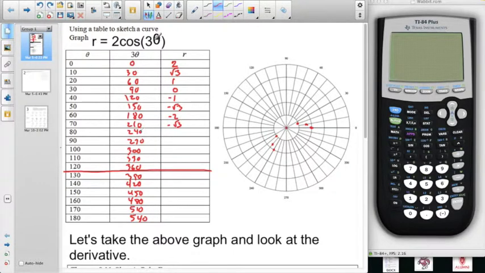At 80 degrees, 3 theta is 240, the cosine there is negative 1/2, times 2 is negative 1. And at 90, 3 times 90 is 270, so that's right here. At 90, we're back at 0.